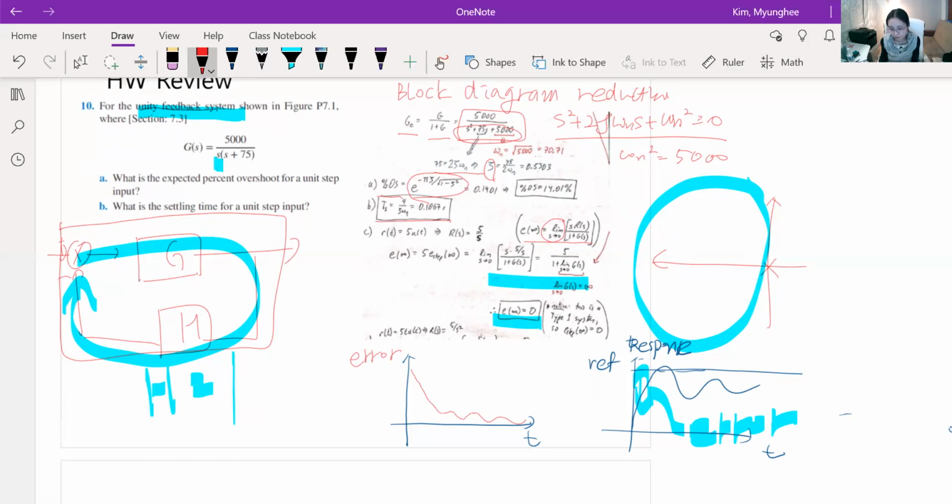As time goes, the error approaches 0. So what does it mean? If there's only a P controller, the error becomes, let's say, 0.001.